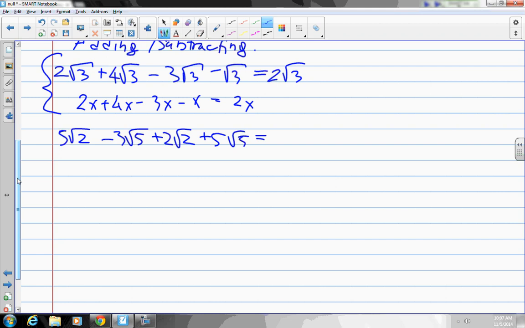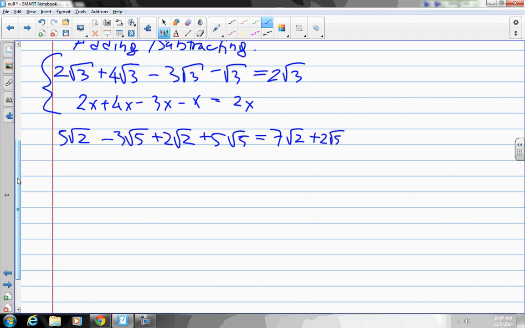So how many square roots of 2 do we have? 7, right? 5 plus 2 gives you 7. So that's 7 square roots of 2, and then for the 5 we have -3 and a +5, 2. So plus 2 square roots of 5. And that's as far as you can go.